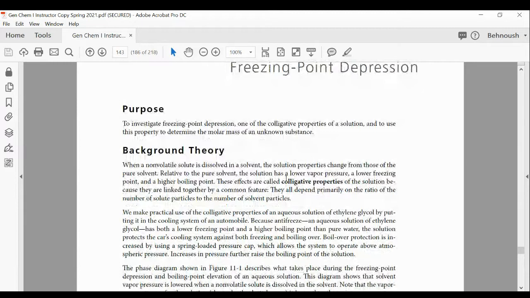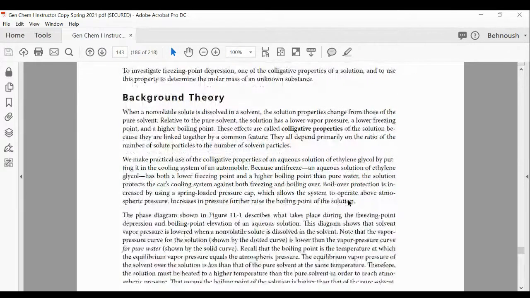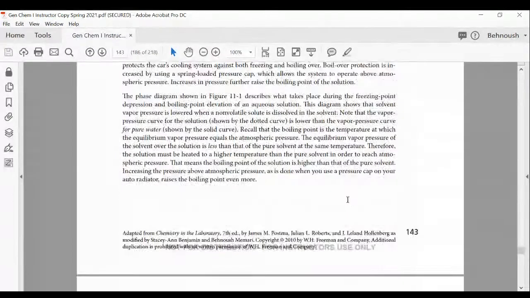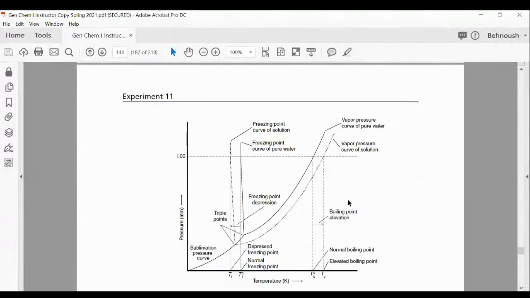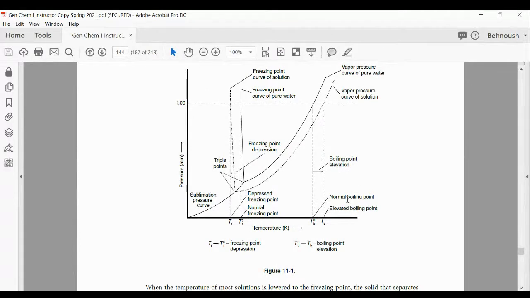The change in freezing point depends on the number of particles, or the number of moles or molality of the substance in the solvent. We can use that fact and determine the molar mass of the compound.